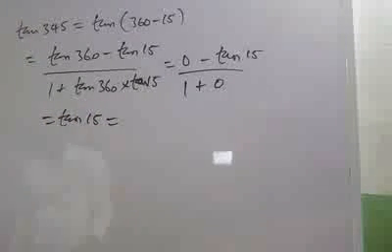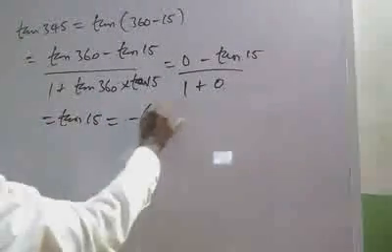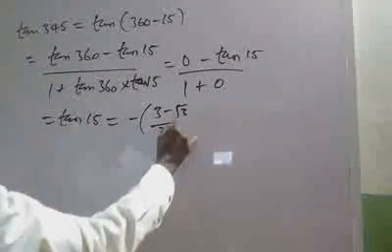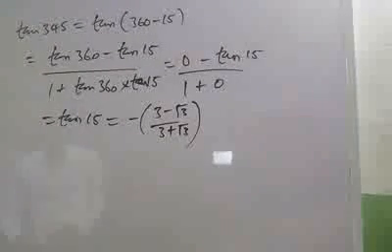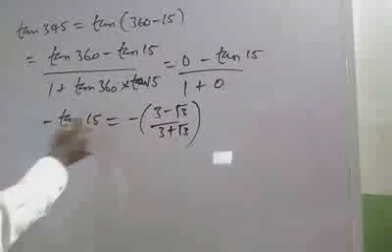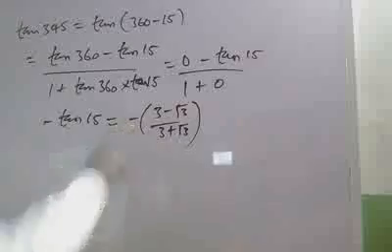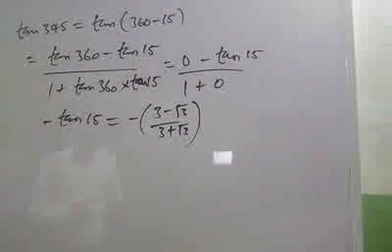And tan 15 is, we have solved that before, equal to 3 minus root 3 over 3 plus root 3. Remember, here is minus tan 15. That is why we're having this minus at the front here. Minus tan 15. That is exactly what we have.